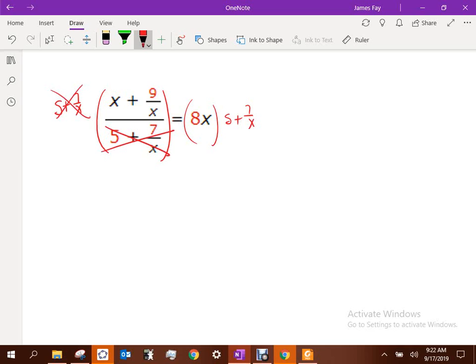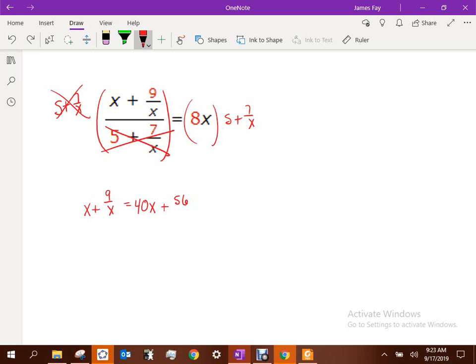It cancels out, leaving me x plus 9 over x. Over here, 8x times 5? 40x, right? 8x times 7 over x gives me 56 x's over x, right? What's going to happen with those x's? They cancel out. So this gives me 56, right?